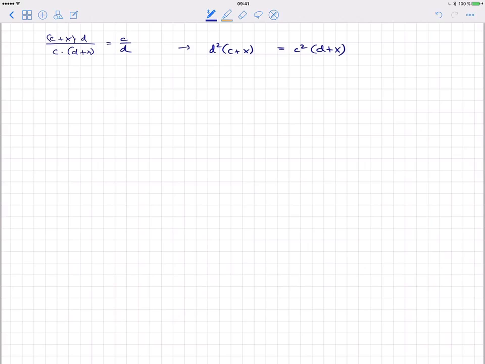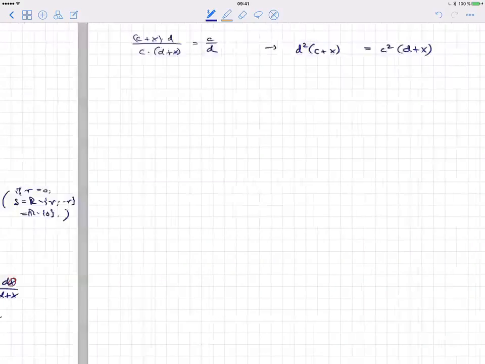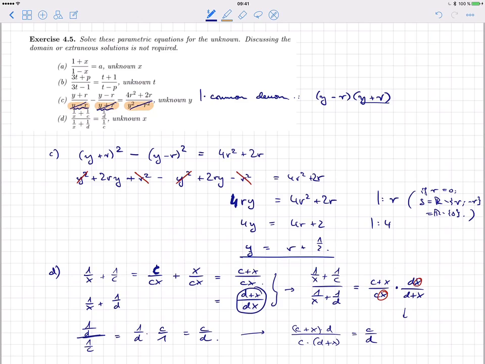Notice that the symmetry between c and d is still in this equation. If the symmetry had disappeared by now, if d and c would no longer play the same role, that would be a big indication that we had made a mistake. The original equation treated c and d in a very symmetric fashion.